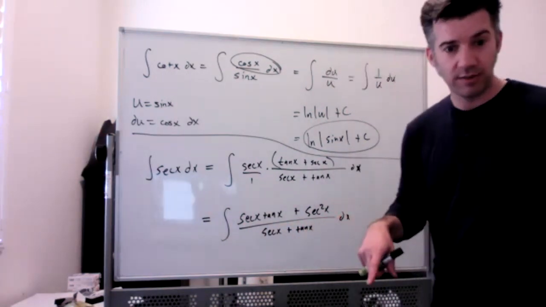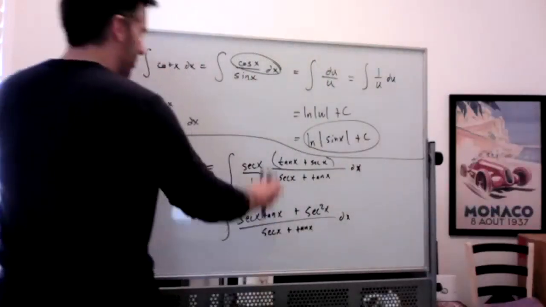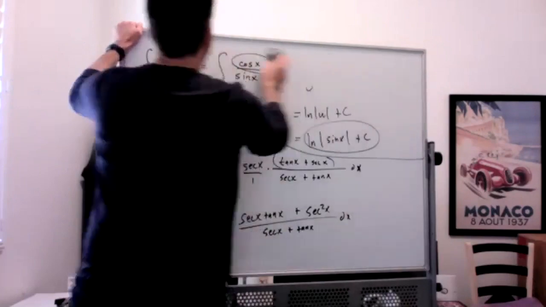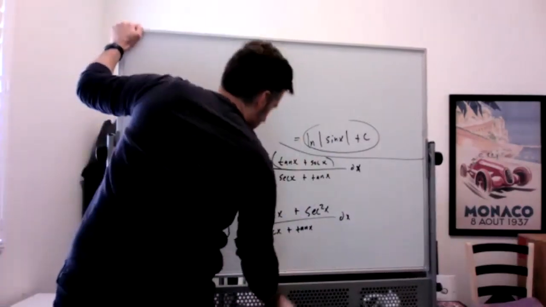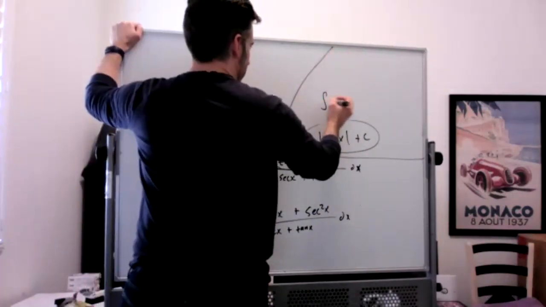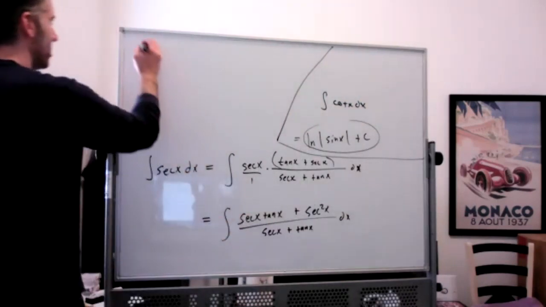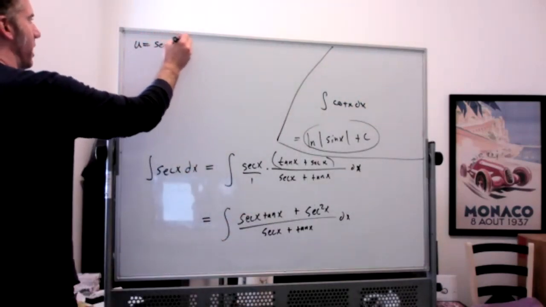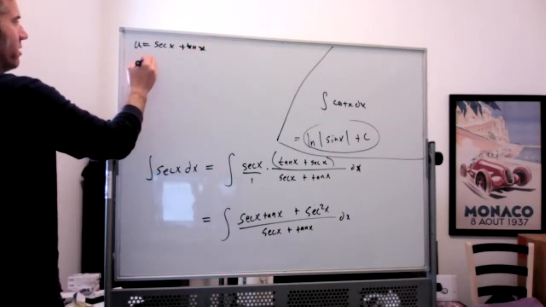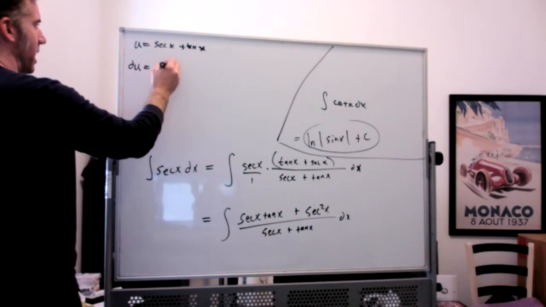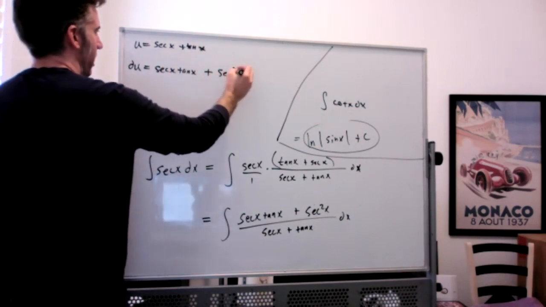But then check it out. If we let u equal the denominator, and I'm going to erase the top part, erase up here. Sorry, I know. If we let u equal the denominator, u is secant x plus tangent x, then the derivative of secant is secant x times tangent x, and the derivative of tangent x is secant squared x.